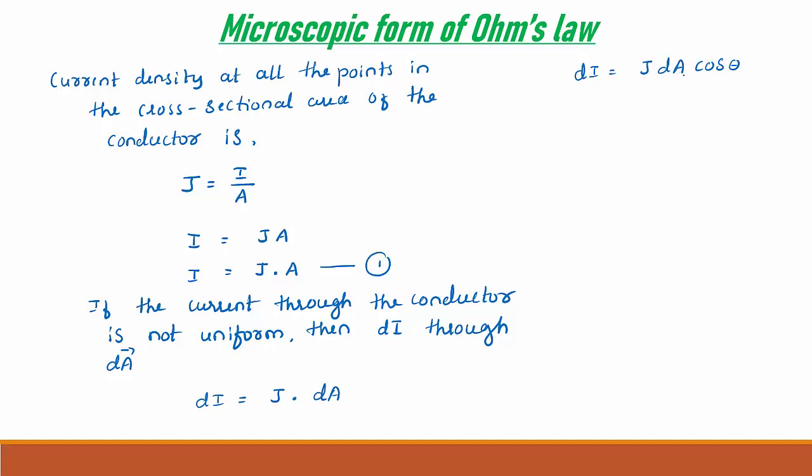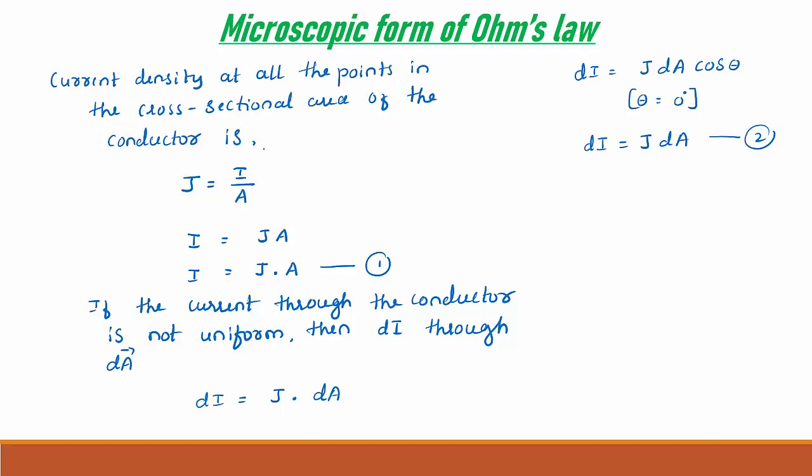For maximum current, we take theta equal to 0 degree because cos 0 is 1. If theta equal to 90 degree, then cos 90 is 0, so for minimum current we take theta equal to 90 degree. Substituting theta equal to 0, cos 0 is 1, so we get dI equal to J into dA. This is the maximum current in a small given area. Let us take it as equation number 2.